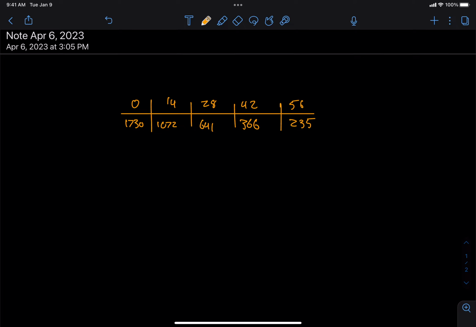And this is T, and this is R of T, where R of T is the rate in cases per day of COVID cases, and T is measured in days.